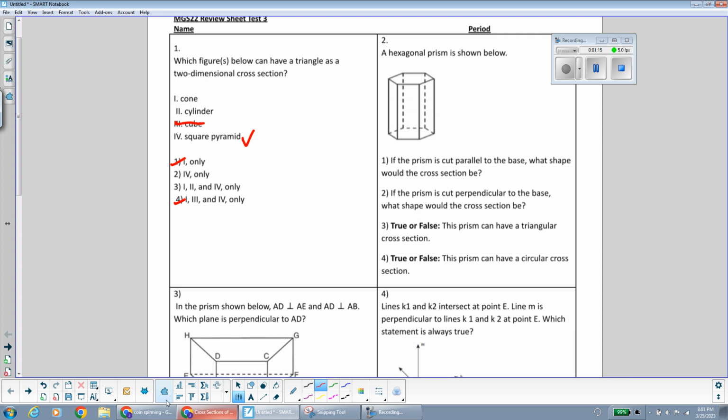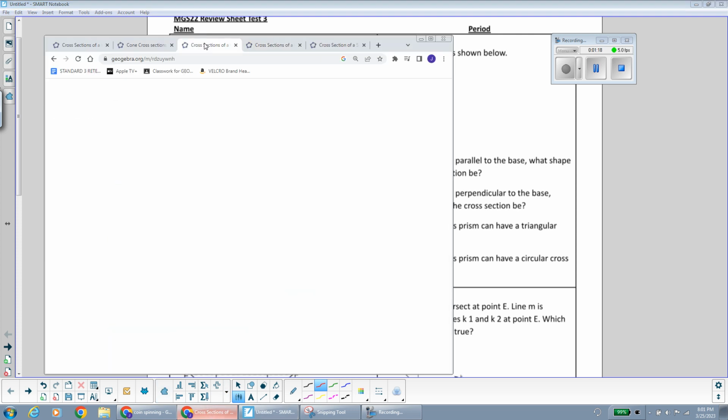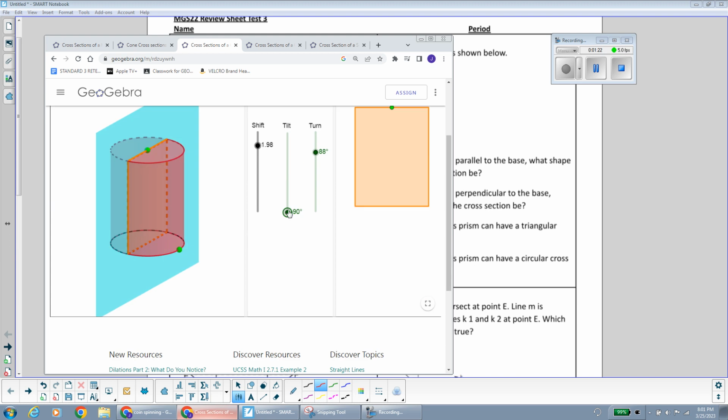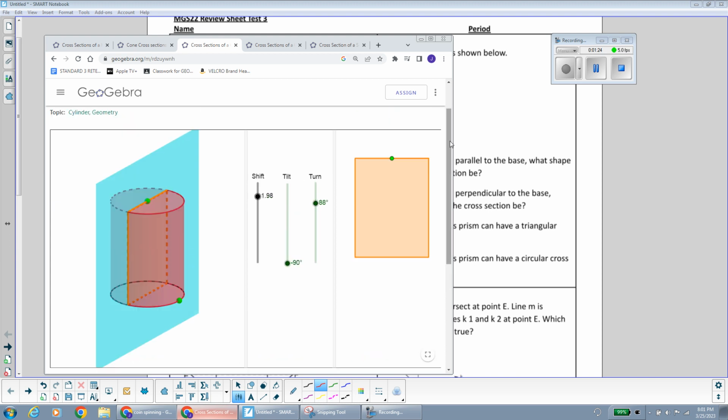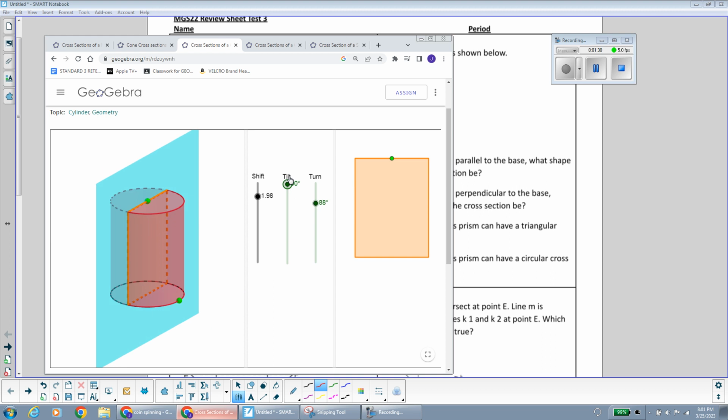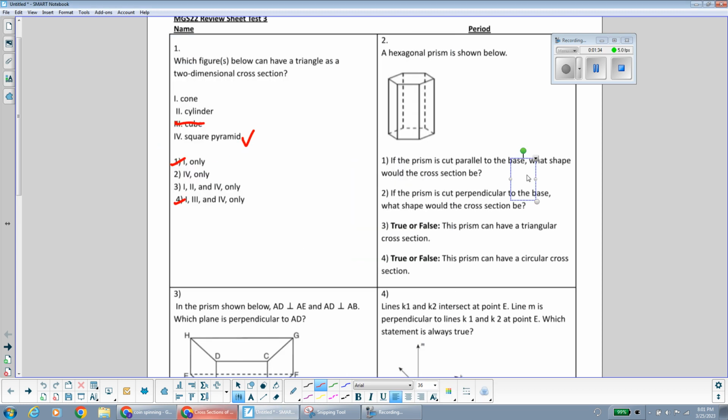Okay, let's check out cylinder, and let's see if cylinder we can get a triangle out of. Let me scroll that back up. There we go. I'm taking a look. No, I'm not seeing a triangle. Nope. So, not a cylinder.